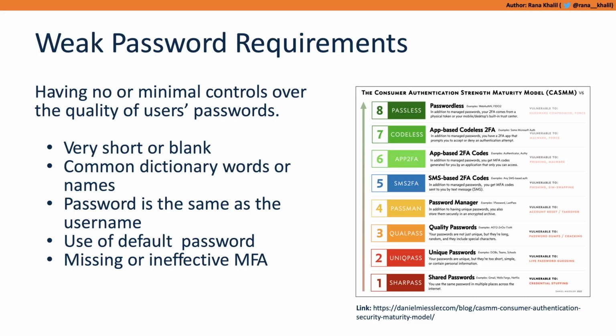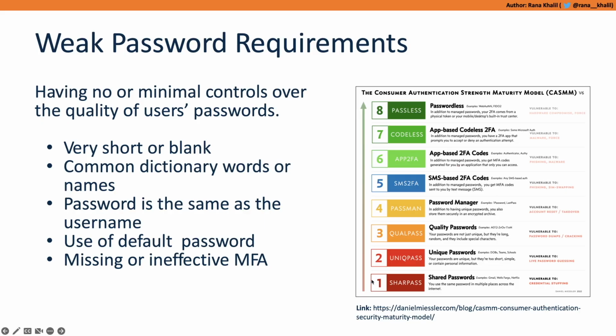One thing that I did want to bring to your attention when discussing this topic is the Consumer Authentication Strength Maturity Model, or in short, CASM. It essentially allows you as the consumer to identify at which level you are in terms of authentication strength, and depending on that level, what you could potentially be vulnerable to.